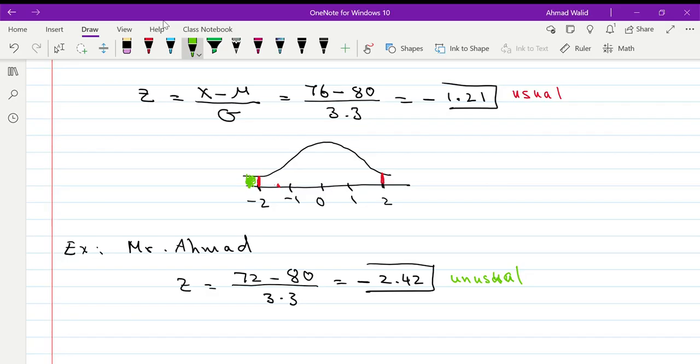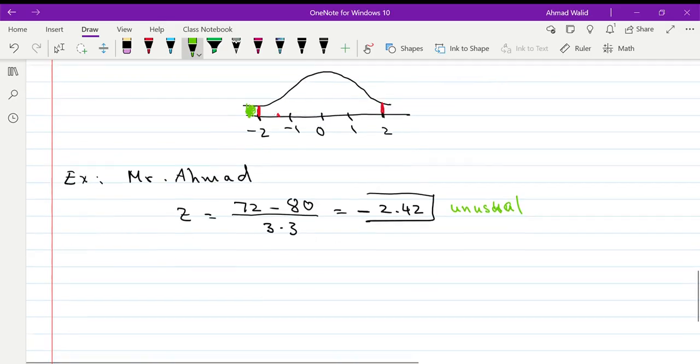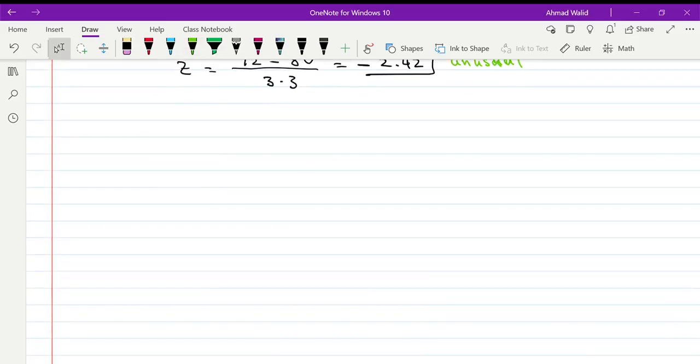Correct? It's unusual. But in reality, it can happen. Maybe there are many players who are short but still play basketball. Correct? One more statement for this part of the lecture, then I'll stop and do another part for it.